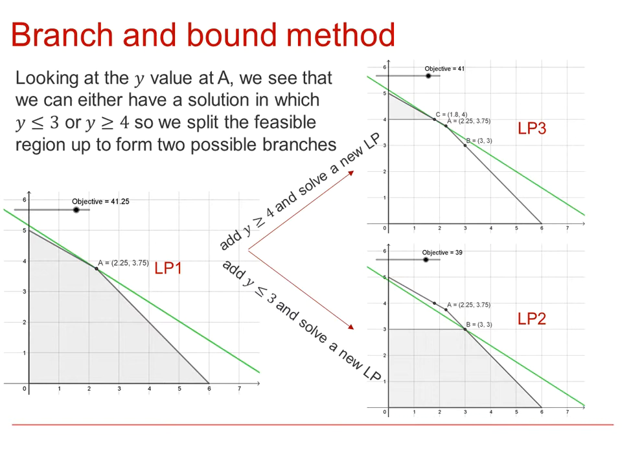So we split the feasible region up to form two possible branches. The two branches are shaded areas as given to find LP2 and LP3. Note that the objective function line in green passes out of the feasible region at the points B and C respectively.